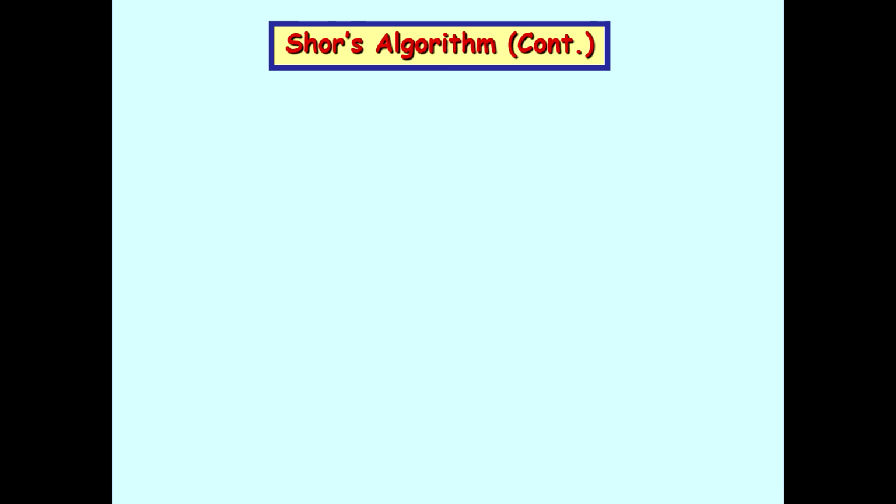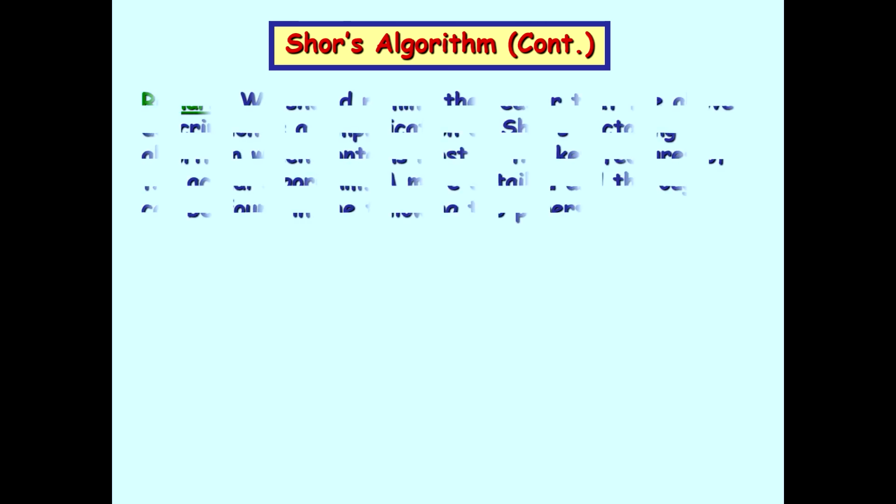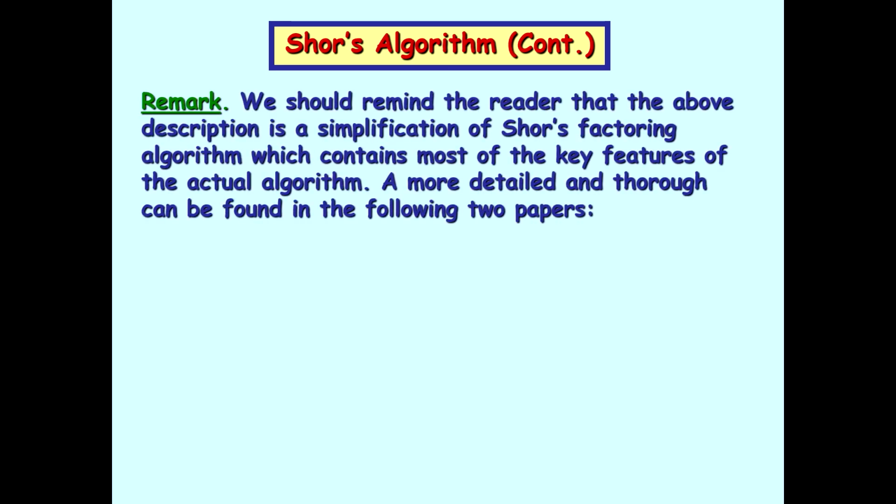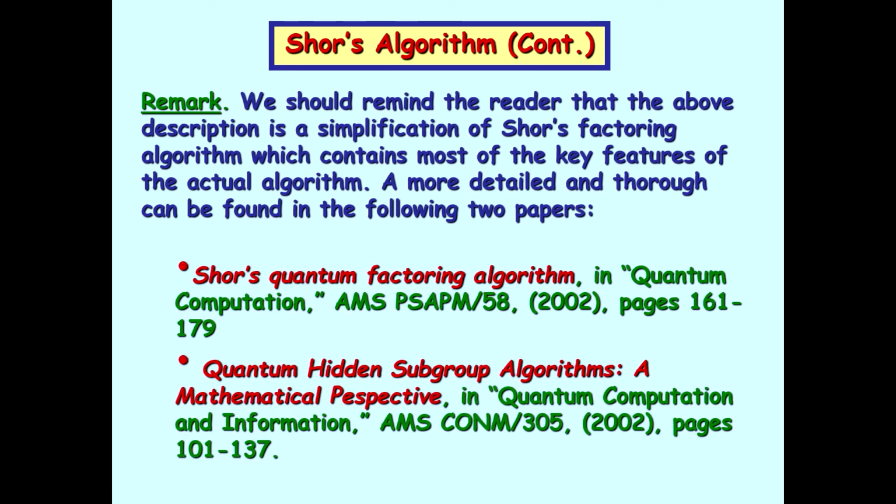I'd like to make a remark here. I'd like to remind everyone that the above description is a simplification of Shor's algorithm, although it contains most of the key features of the actual algorithm. A more detailed and thorough explanation can be found in many papers, and I list some of them here.